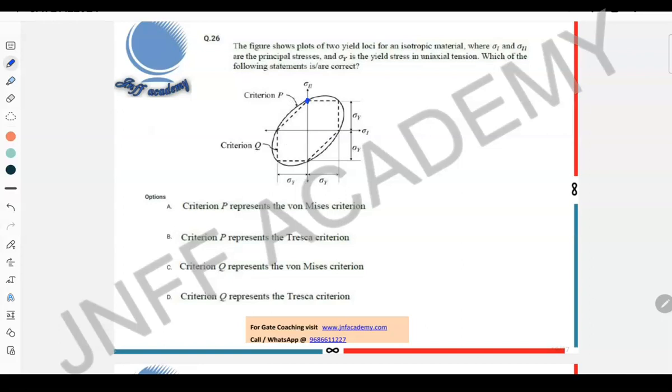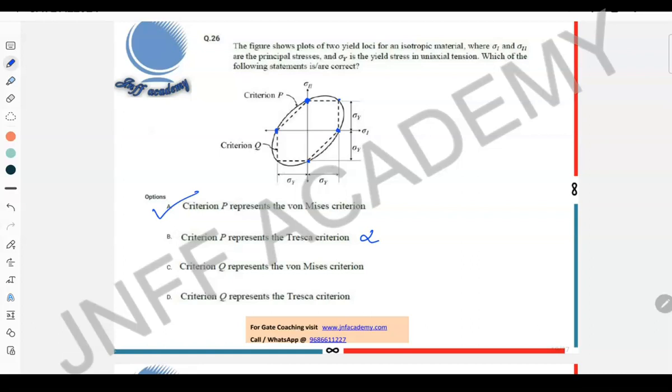Actually, this will touch the yield point here, here, here. So, first one, the criterion P represents the von Mises criterion. Then next, criterion P represents Tresca criterion. This is wrong. Then criterion Q represents von Mises criterion.